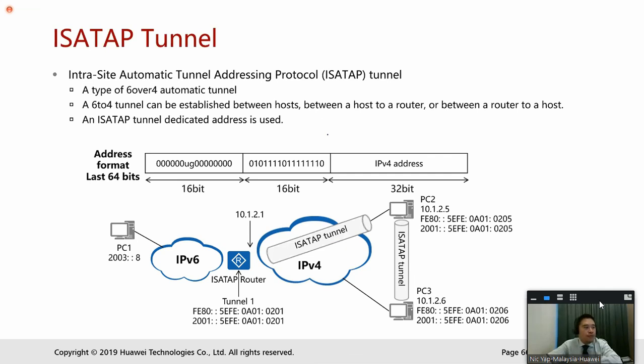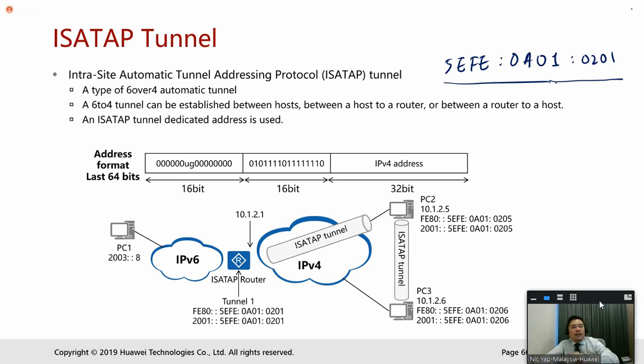It doesn't care about the first prefix; it cares about the address format of your interface ID. Interface ID: it will have 5EFE:0A01, followed by 0201. So this is what they are focusing on.